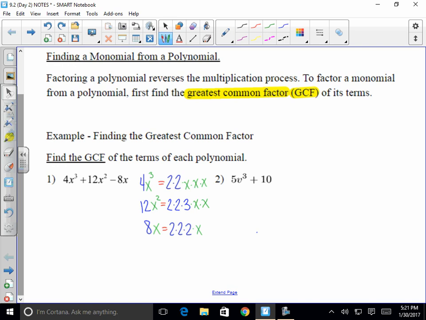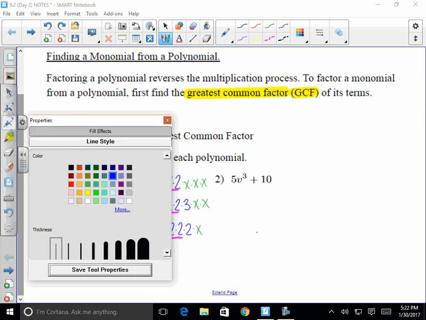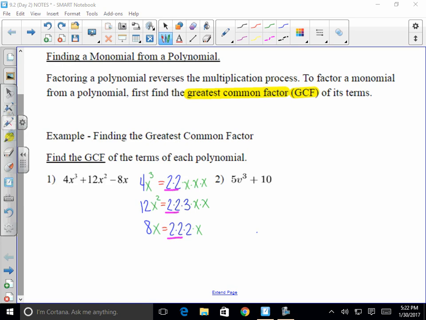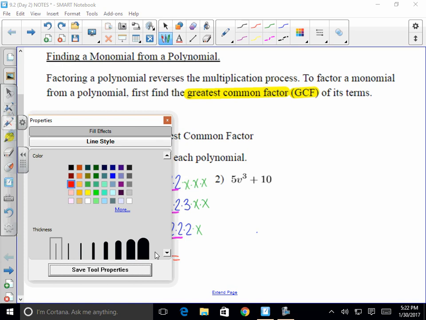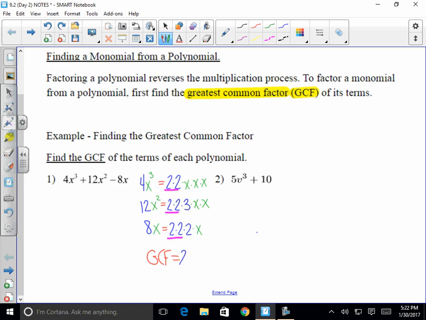Now, in order to find the GCF, we want the greatest number of factors that they have in common. So, they each have 2 2's. All right, that's the greatest number of factors they have in common. Now, they don't have a 3 in common. They all don't have one more 2 in common, just 2 2's. So, what that means is that our greatest common factor is going to have 2 2's.